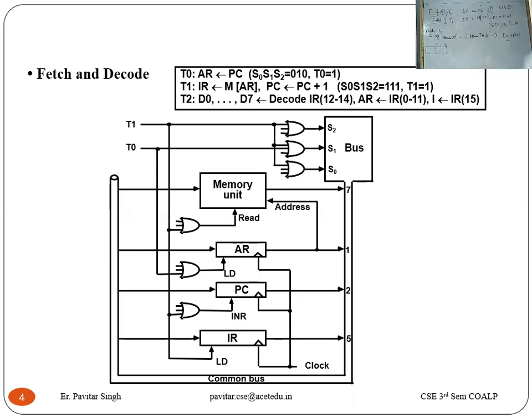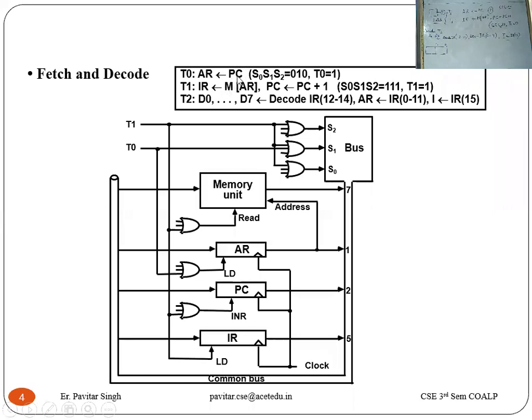You can see in the block diagram how T0, T1 and T2 are achieved. Let me explain it once again. Here you can see T0. T0 is attached to AR only, because AR is receiving the input, right?